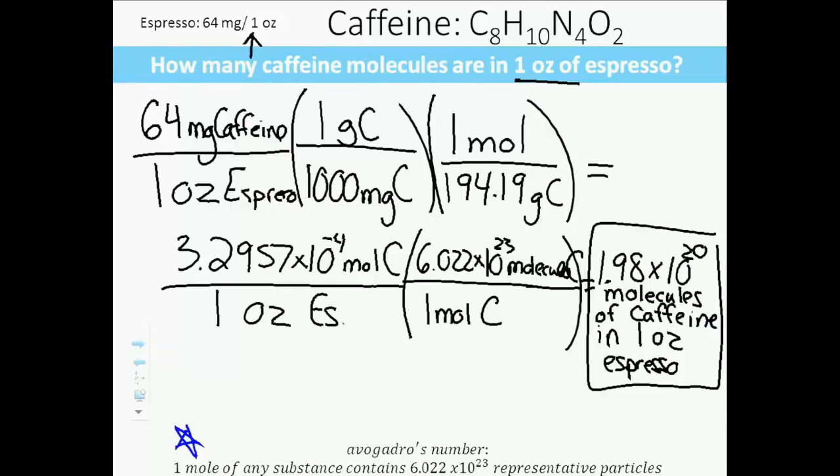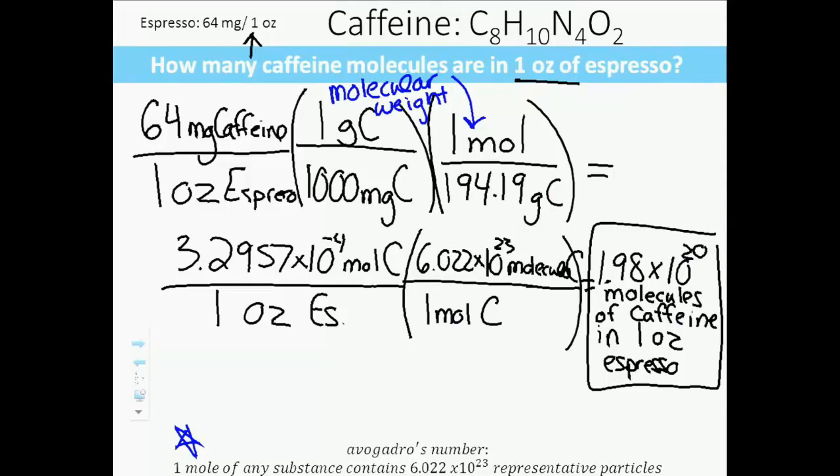So with this, you really need to make sure you understand 2 things. So this conversion factor here, what is that called again? Our molecular weight. So you use the molecular weight to get from grams of a substance to moles of a substance, or you can use it to get from moles of a substance to grams of a substance.